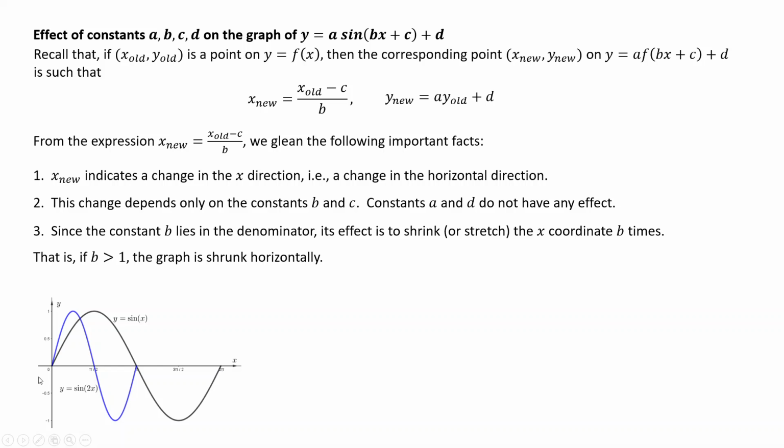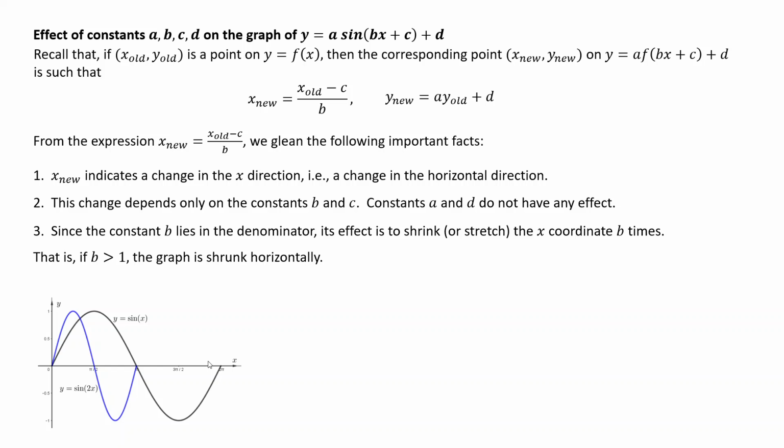Now using GeoGebra, I plotted on the same one y equals sine of 2x. So that means b is 2, greater than 1. And clearly the green graph has been shrunk into 1/2 its size, right? Dividing by 2 is making it 1/2.